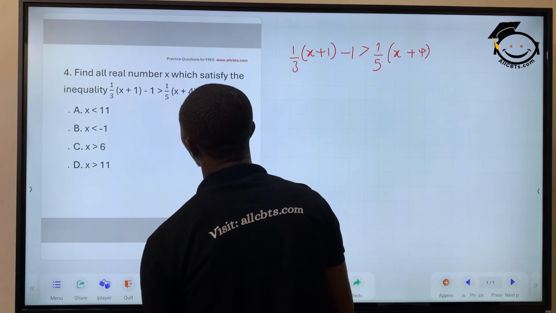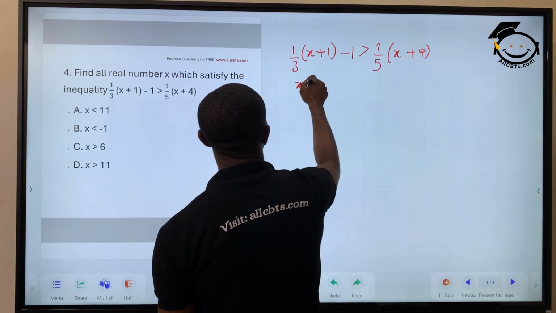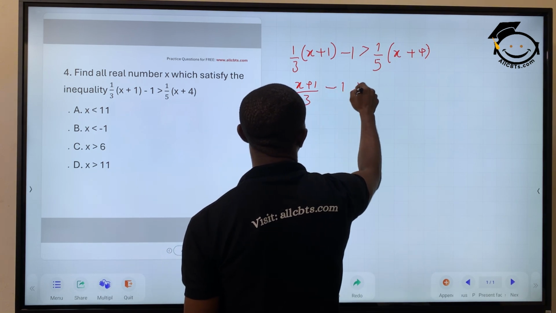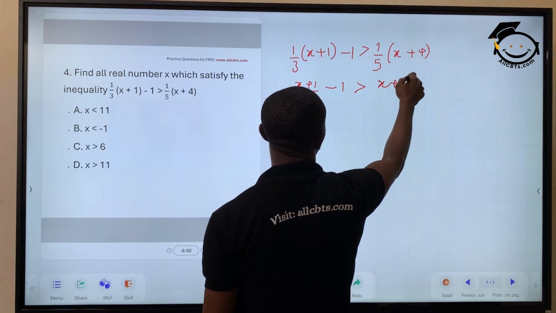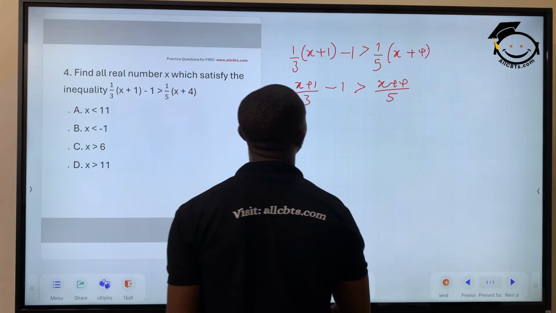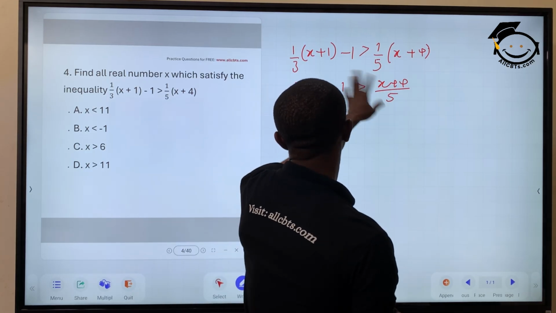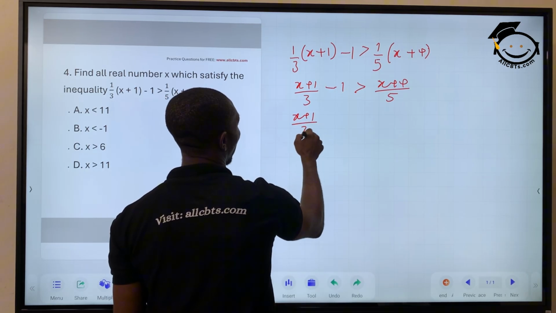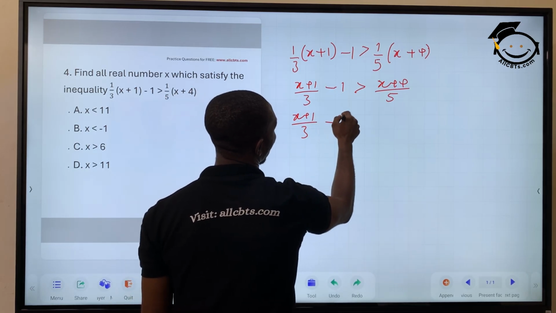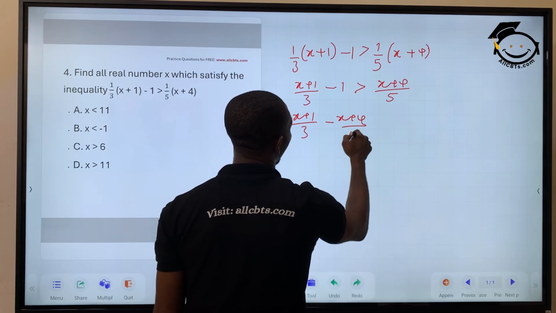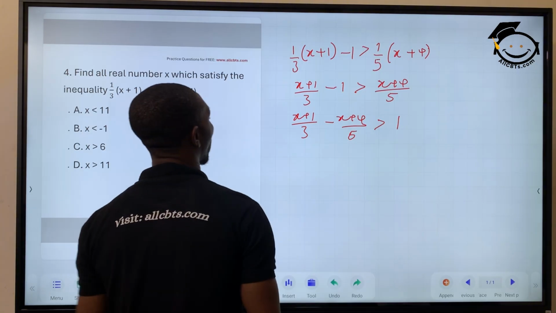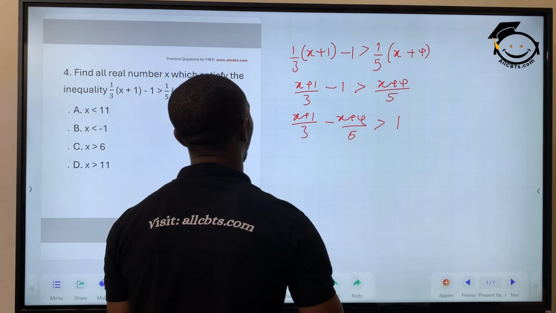Now for this we can write this as x plus 1 over 3 minus x plus 4 over 5, greater than 1.